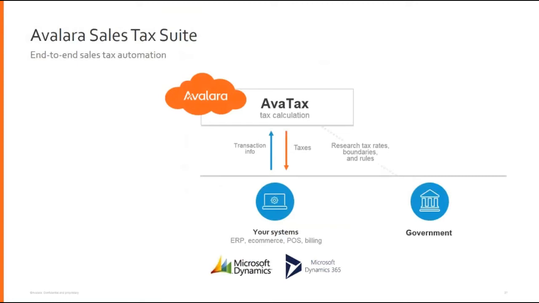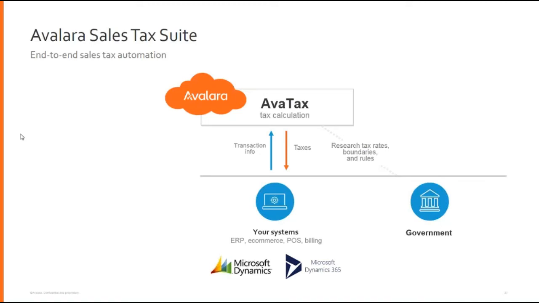At the point in your business processes where taxes are needed, such as invoicing or e-commerce checkout, Avalara Tax automatically calculates your taxes. Avalara looks at the transaction information and returns that into your source system, into the native tax fields. Avalara constantly monitors and updates tax rates, rules, and boundaries to keep this compliant for you.